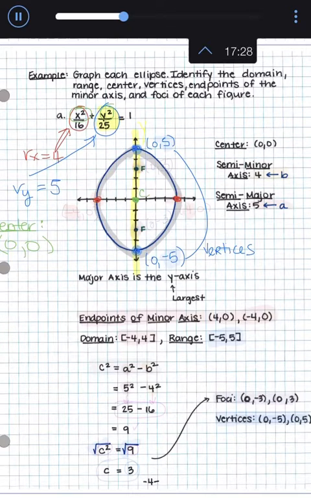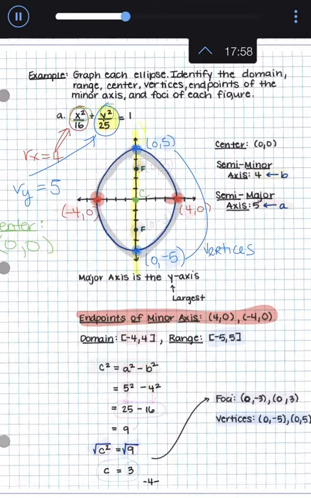If they ask you for your endpoints of your minor axis, that's the other axis, your shorter axis, it would be 4, 0 and -4, 0. There's no fancy term for those. Those would just be called the endpoints of your minor axis.